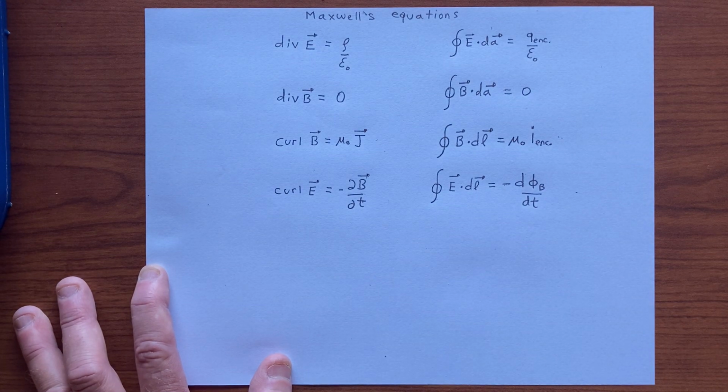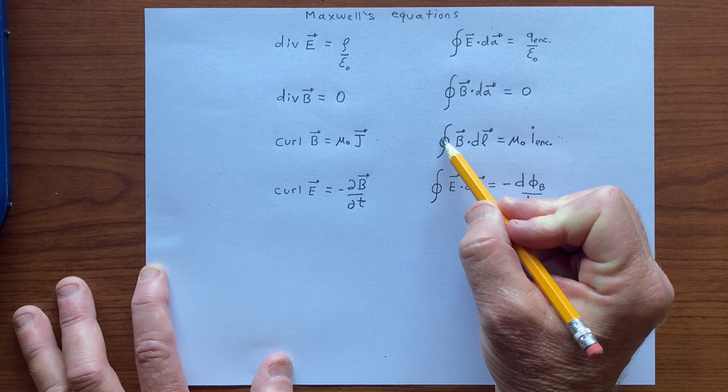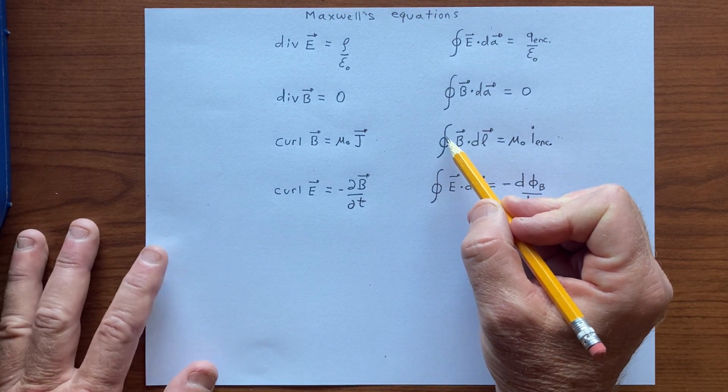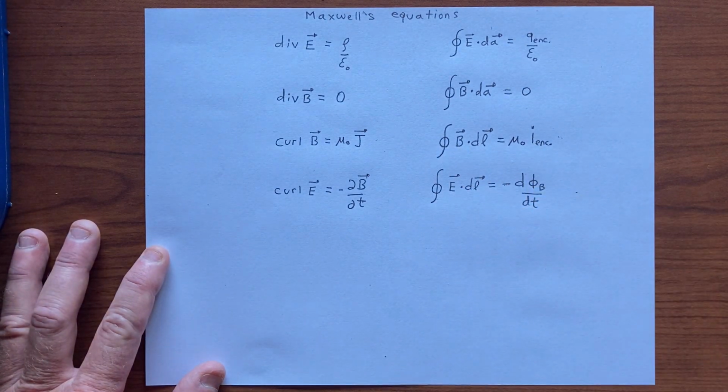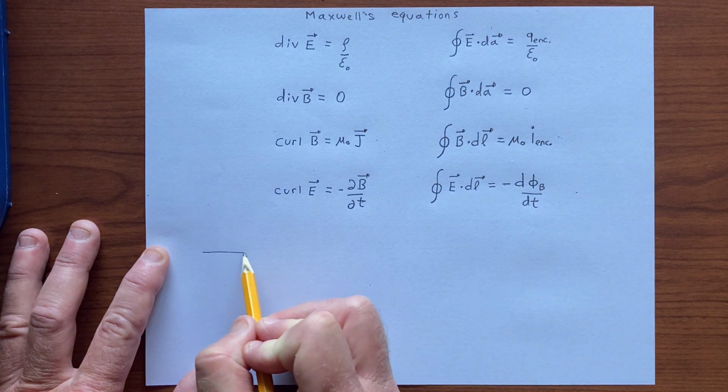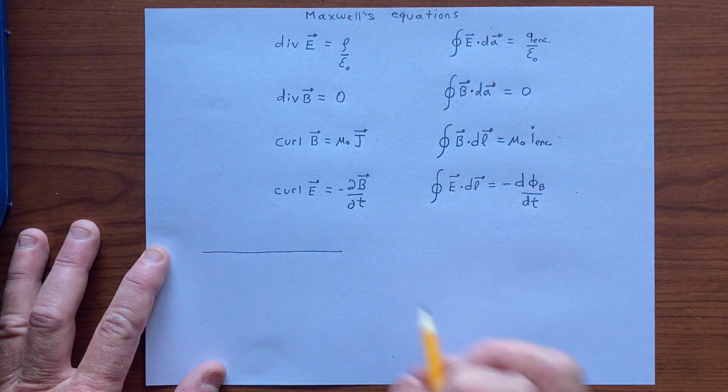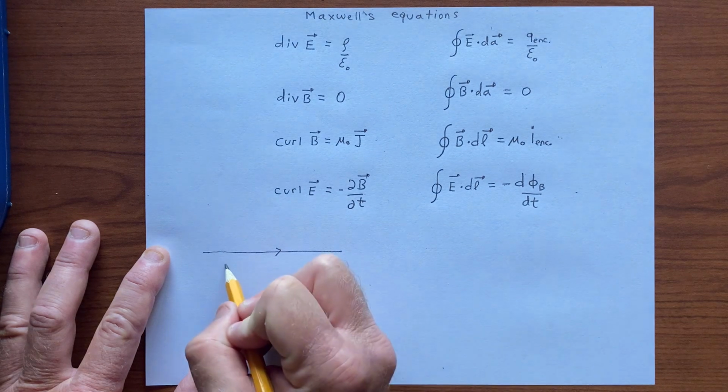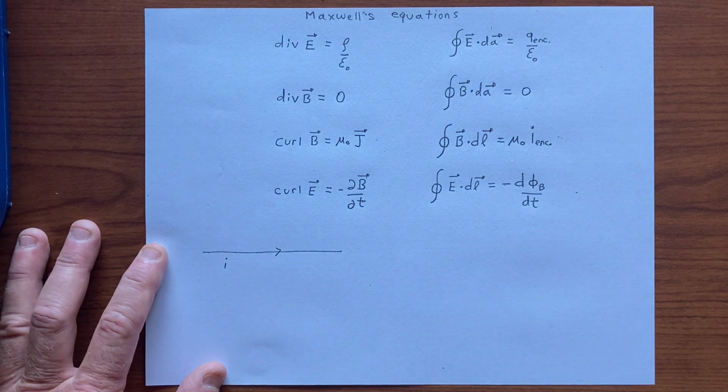And we can see this by the fact that when we integrate around a closed loop and then consider the current going through that closed loop, for example, we have the infinitely long line of current, with current I going through there.